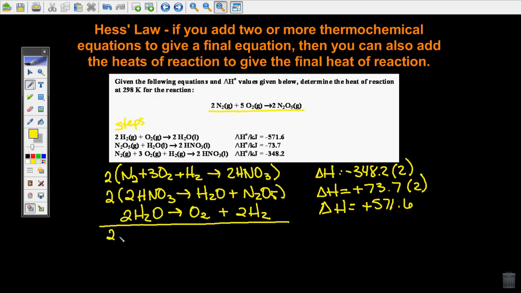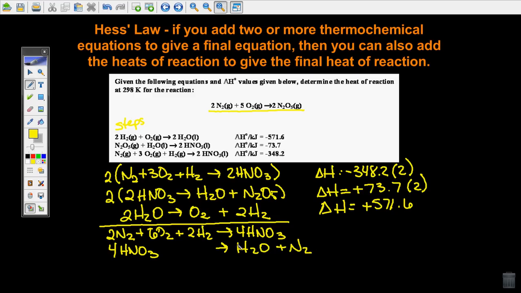Okay, so then I'm going to go ahead and do all the math. So I multiplied all these by 2. So 2N2 plus 6O2 plus 2H2 gives me 4HNO3, and then 4HNO3. I'm going to go ahead and put all my arrows next to each other so I know what I can cancel.